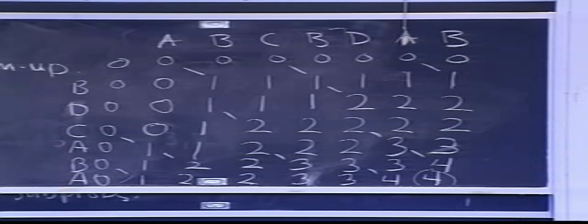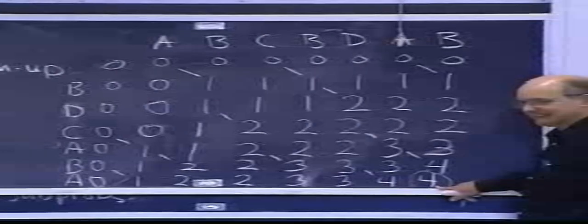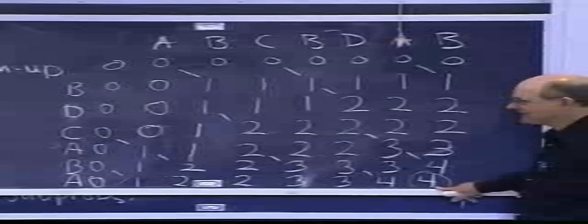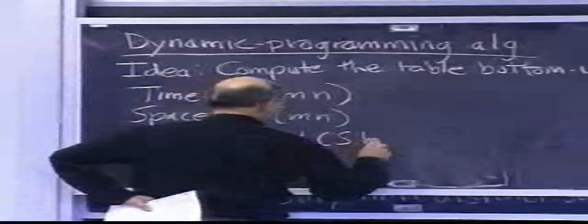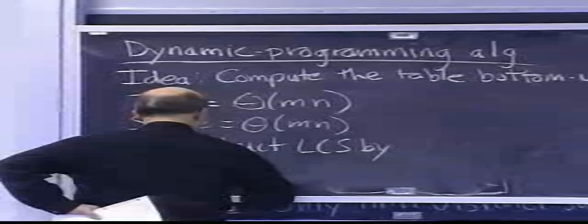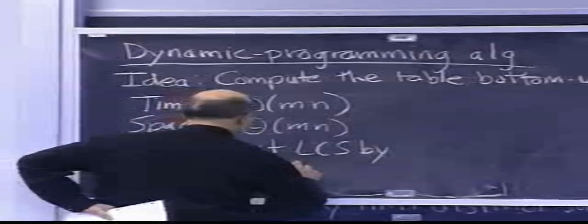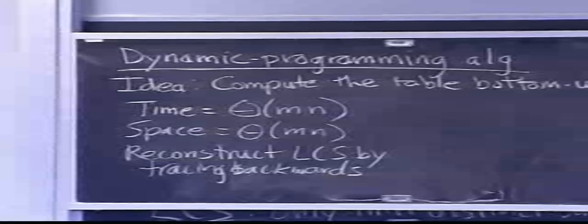Just follow your little slashes. Yeah, follow those little dashes. How do I do that? I start out here. I trace backwards. So we'll reconstruct. And here I don't have a diagonal, so I can go either way.